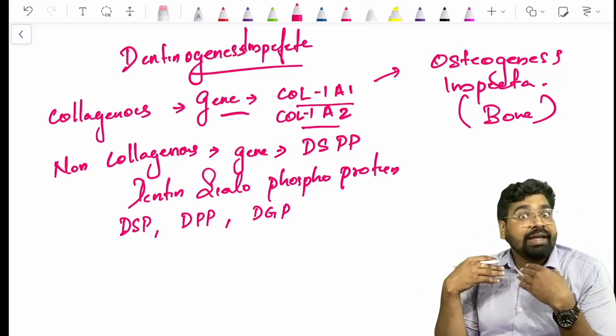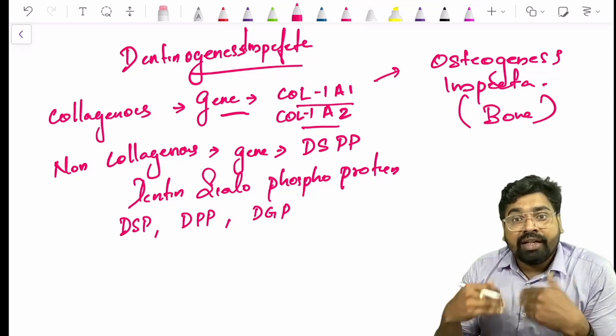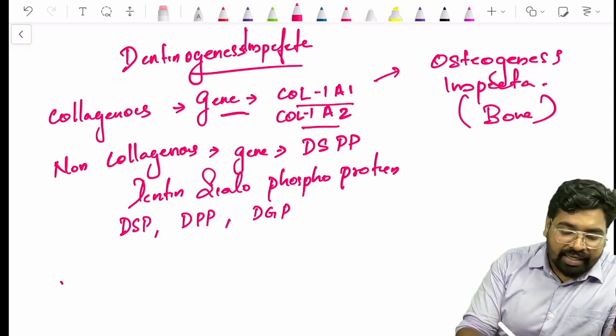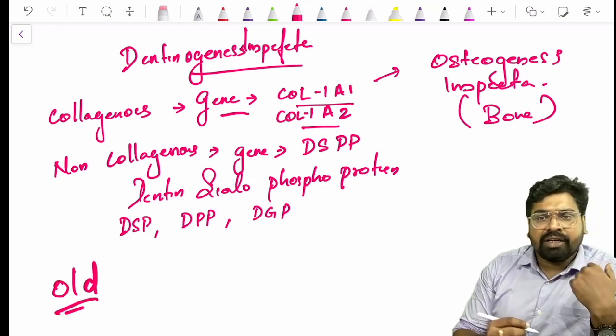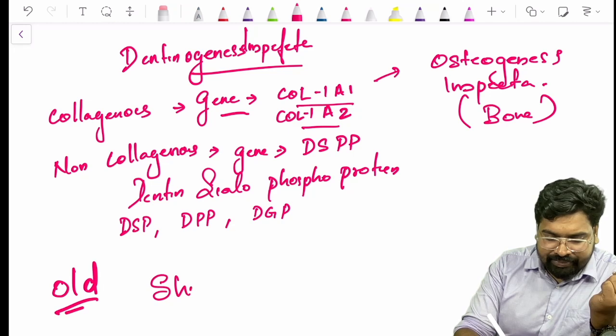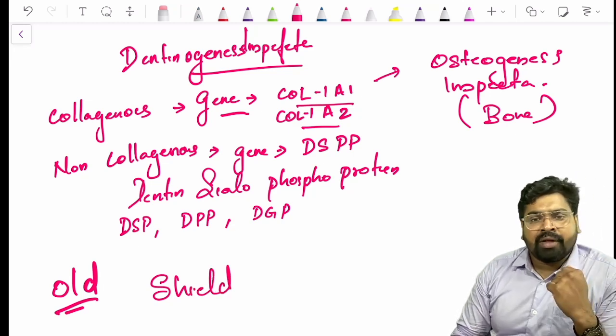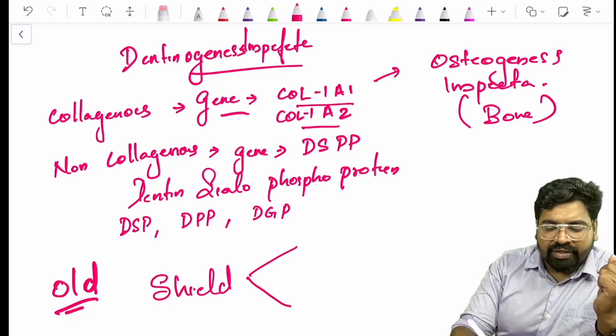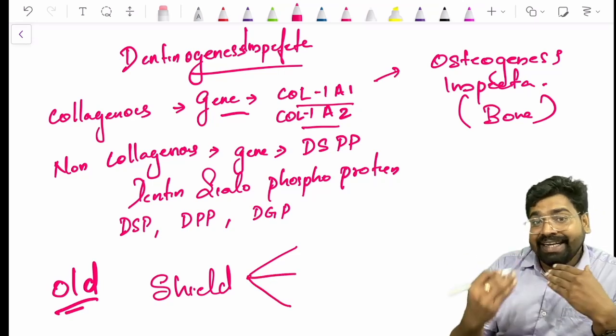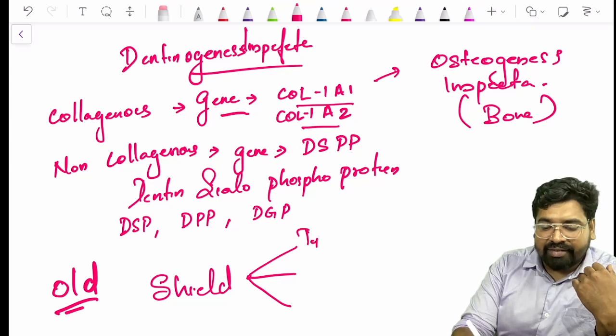In the old classification, given by Shield, there are three types of dentinogenesis imperfecta: type 1, type 2, and type 3.